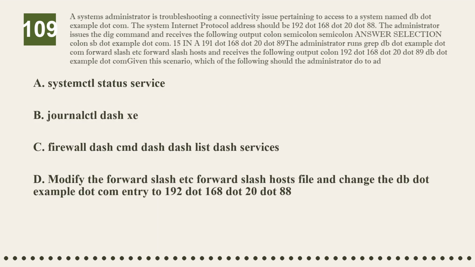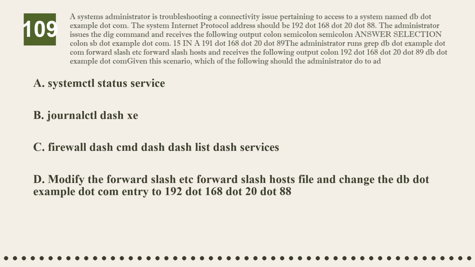Question 109. A systems administrator is troubleshooting a connectivity issue pertaining to access to a system named db.example.com. The system Internet Protocol address should be 192.168.20.88. The administrator issues the dig command and receives the following output: db.example.com 15 IN A 192.168.20.89.